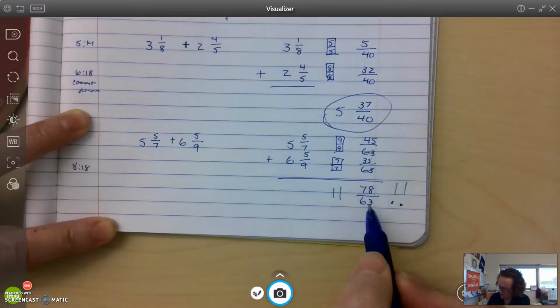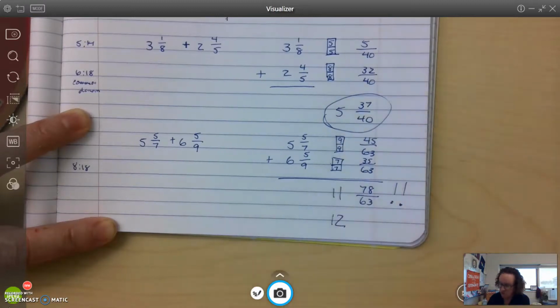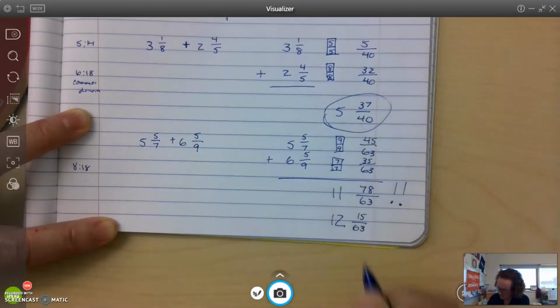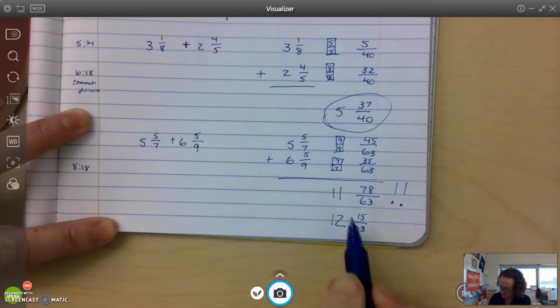So I'm going to change this into a mixed number. So I know that 63 goes into 78 one time. So I'm going to carry that 1 over to the 11. So that becomes a 12. And then I have 15 63rds left. I'm just going to double check my math there. So I've got 15 63rds remaining.